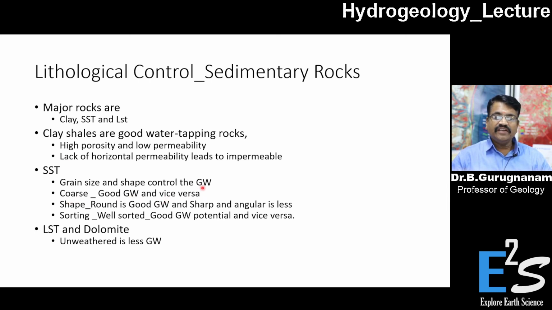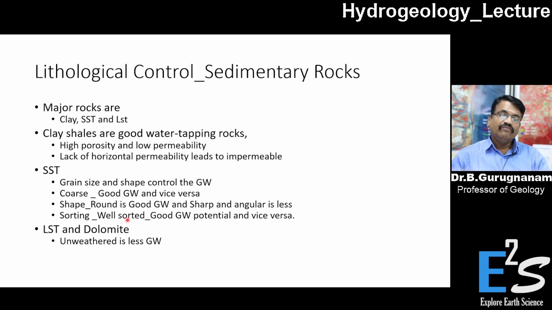If it is fine-grained sandstone, the groundwater potential is the reverse; it is said to be low. As for shape, if the grains are rounded, good groundwater potential is expected. If sharp and angular, it is comparatively less than rounded grains of sandstone.